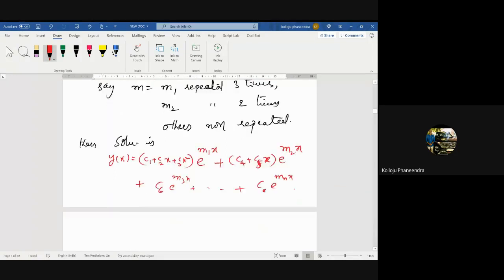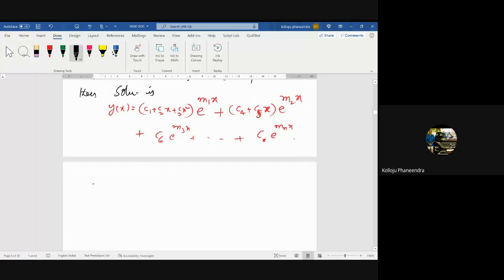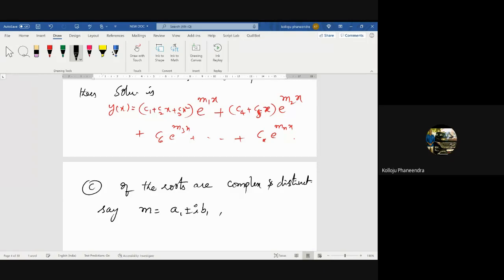Next one, point C, complex roots. If the roots are complex and distinct, say m equal to a1 plus or minus ib1, a2 plus or minus ib2 and so on, some n roots are there.